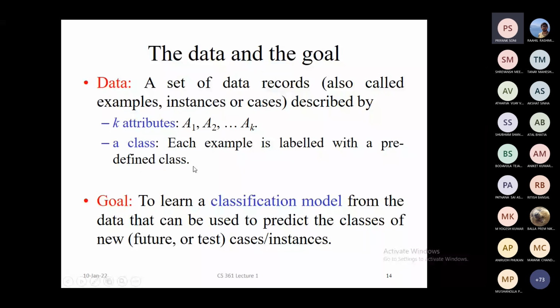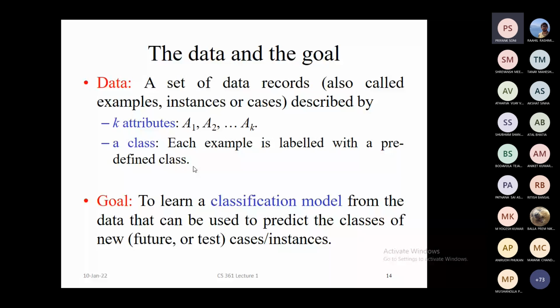Okay. So, in continuation of yesterday's lecture, we were discussing supervised learning. What we said is that in supervised learning, two basic entities are important. One is the data. What is the data?